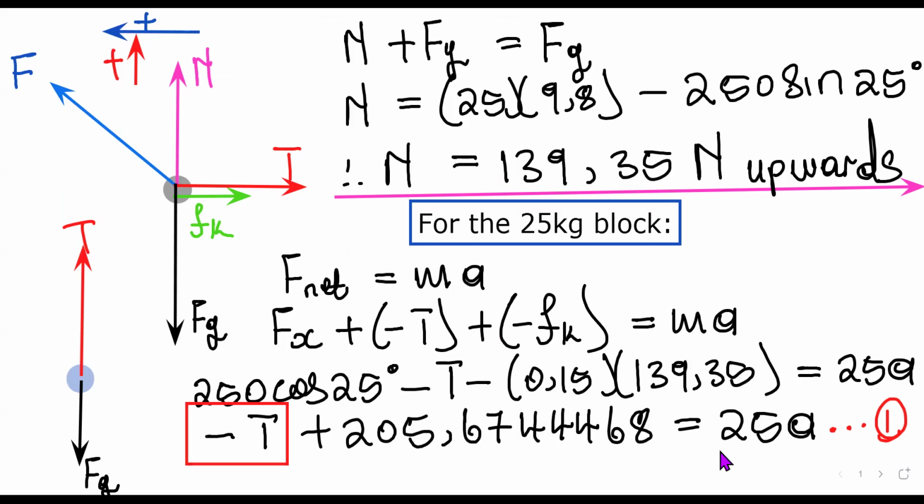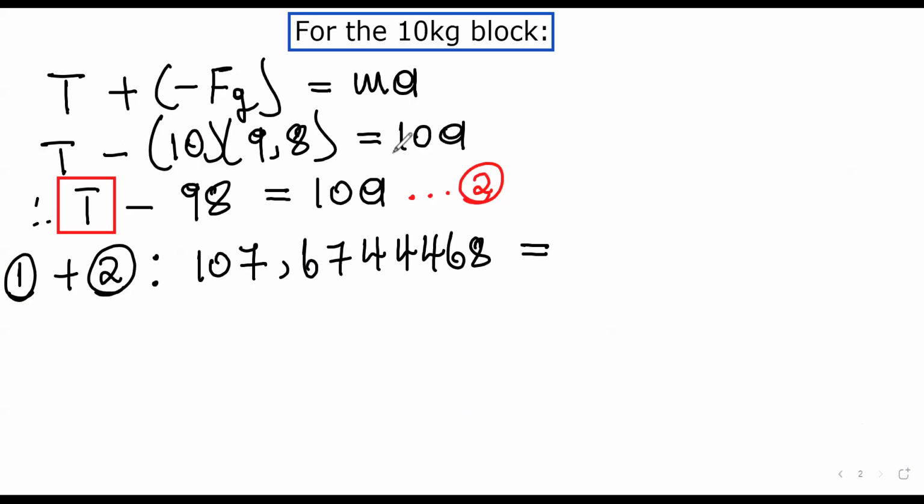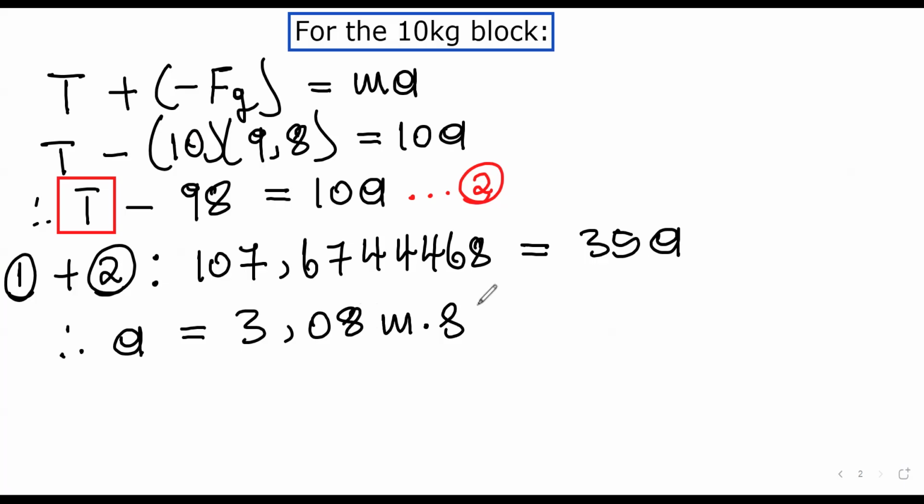We say 25A plus 10A. Well, that's 35A. And now you can divide both sides by 35, yes? And you're simply going to get 3.08 meters per second squared.